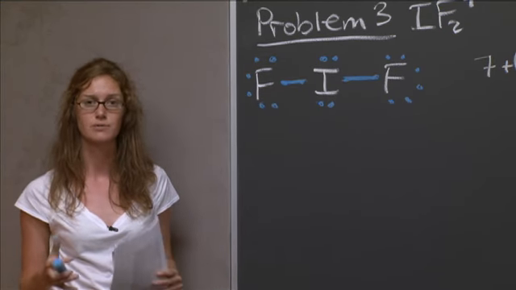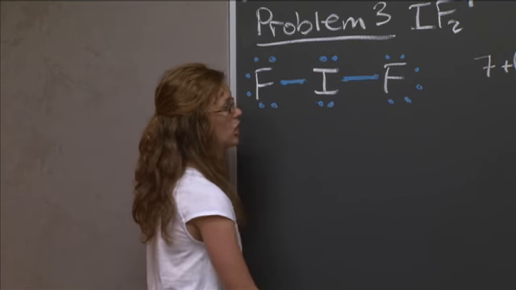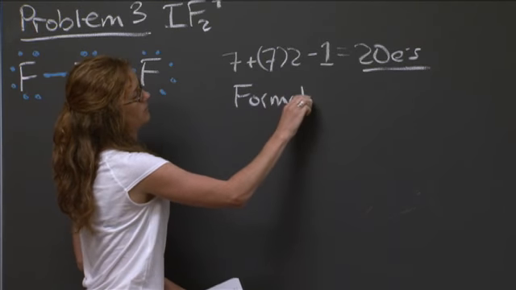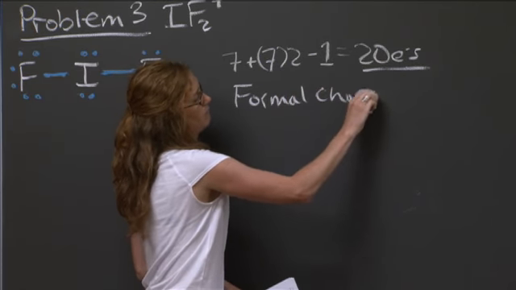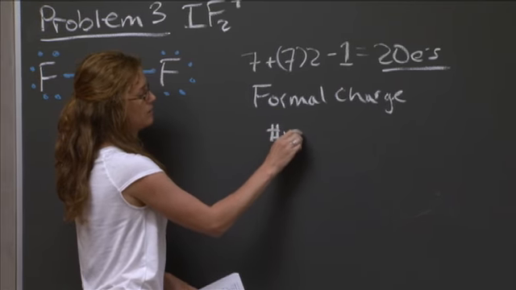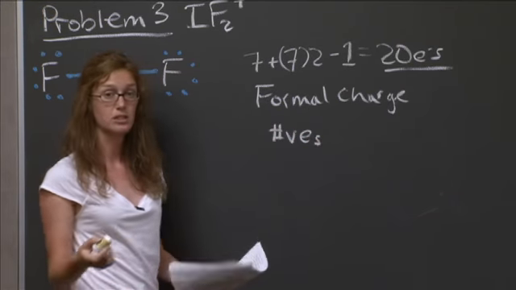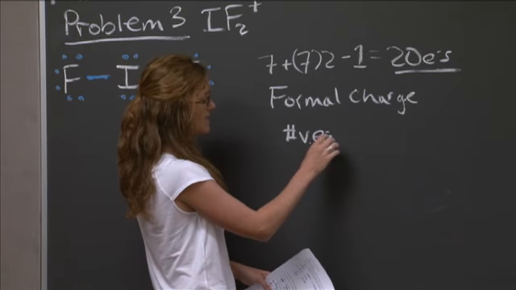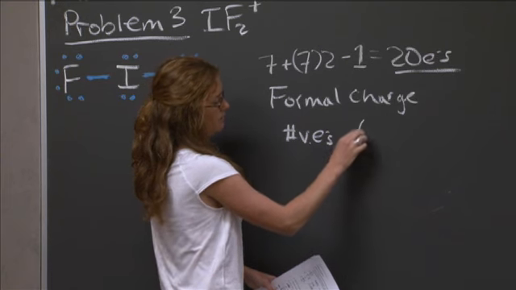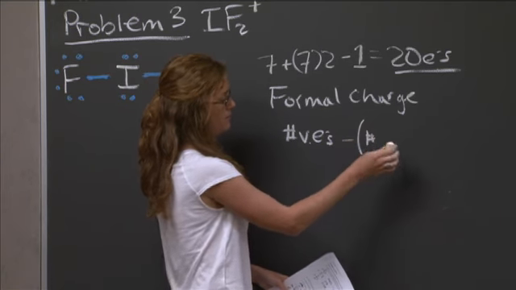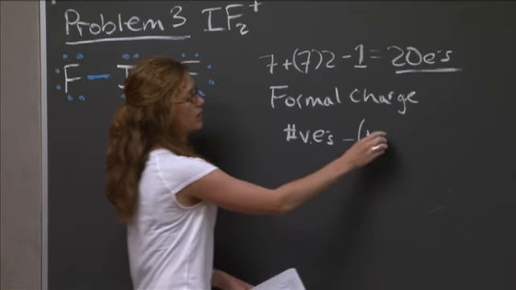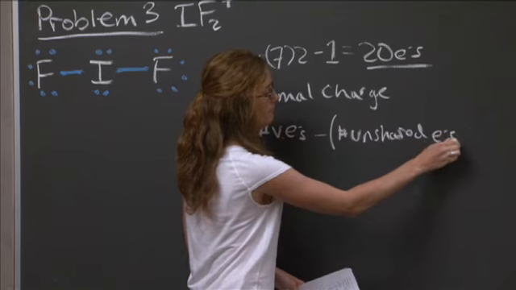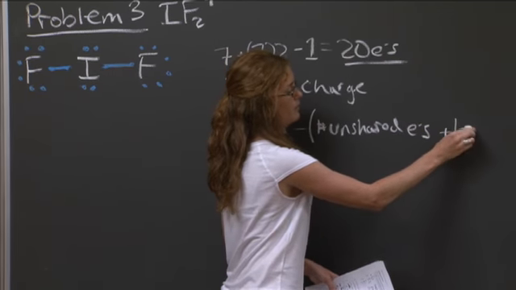Now, just to make sure it's really good, we're going to look at the formal charge. So if you recall, the formal charge is the number of valence electrons that the element usually has, minus the number of unshared electrons and the number of bonds.